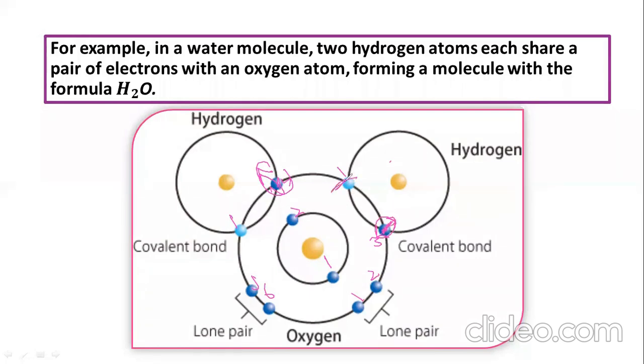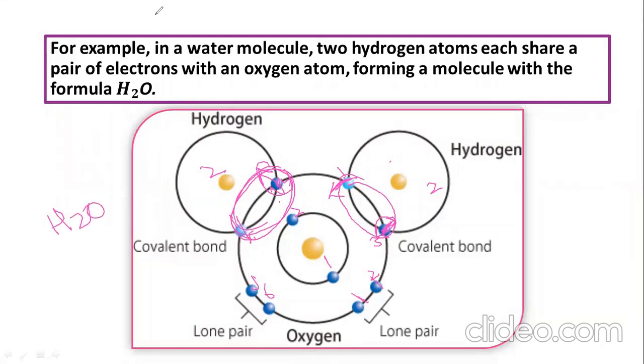So the bonds that form are covalent bonds. Hydrogen becomes stable with 2 electrons, and here hydrogen also becomes stable. And oxygen now also has 8 electrons in the last shell: 1, 2, 3, 4, 5, 6, 7, 8, because the hydrogen electrons are counted for oxygen now that they are sharing. So this molecule is now a stable molecule. This is H2O. Am I clear?